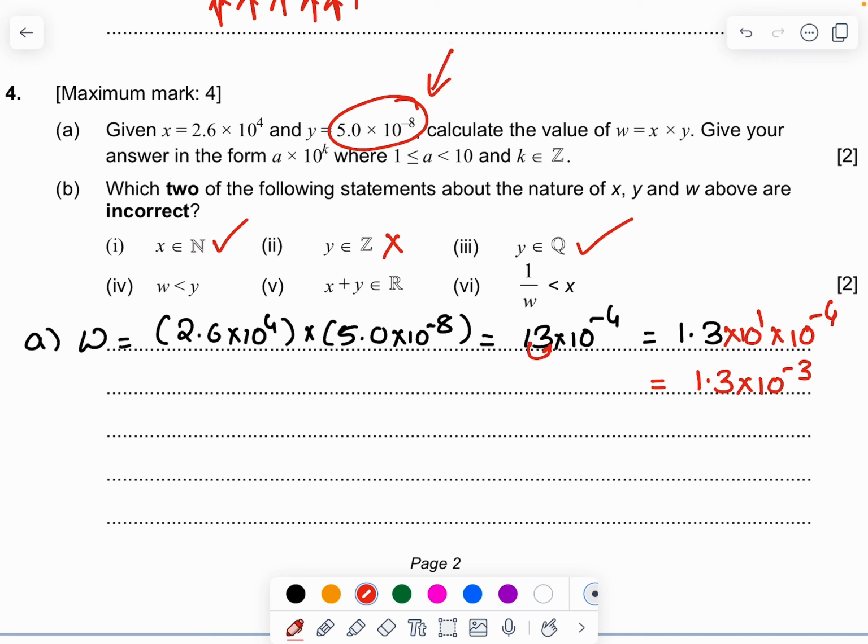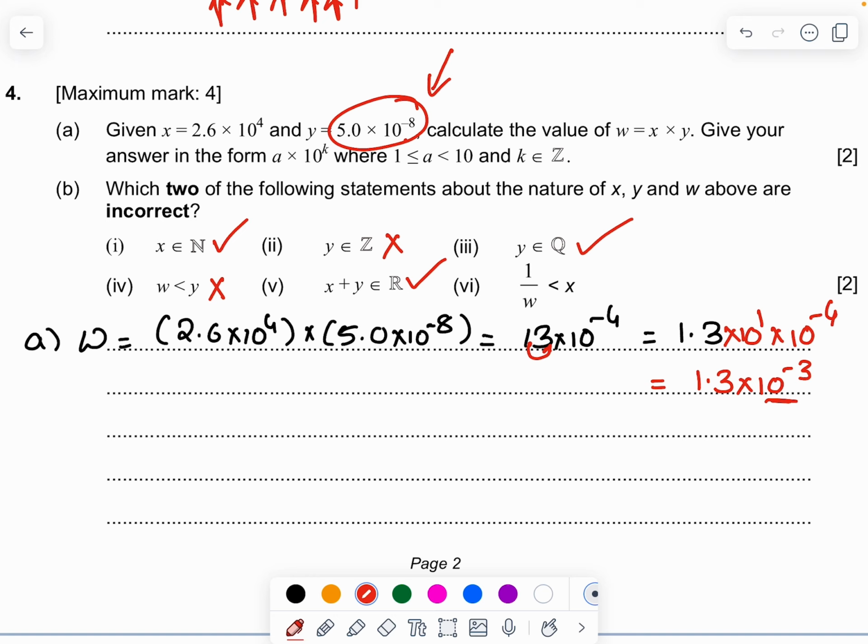W is less than y. W value is 10 power negative 3. Y is 10 power negative 8. No, 10 power negative 3 is greater than 10 power negative 8, so this is wrong. X plus y is a real number. Any number is a real number. 1 upon w is less than x.